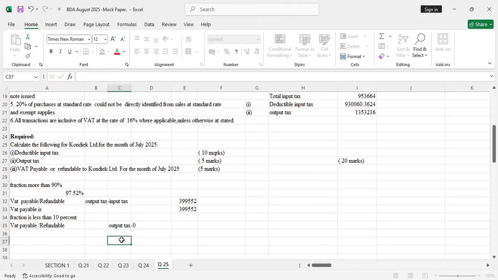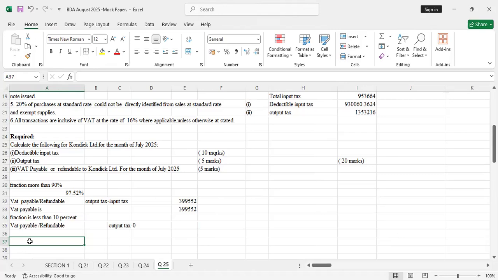So take the output tax minus 0 to get VAT payable or refundable. If the value turns out to be positive, it is VAT payable. If it is a negative value, then it will be refundable. As simple as that.